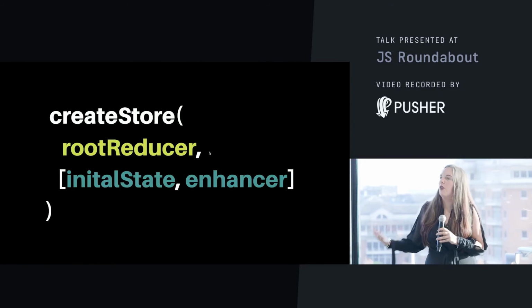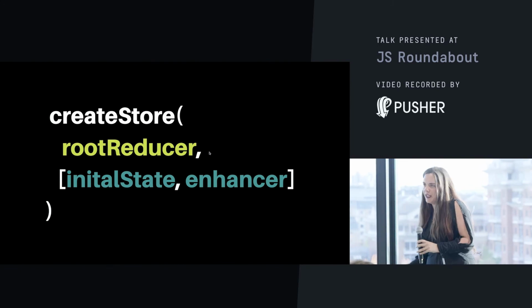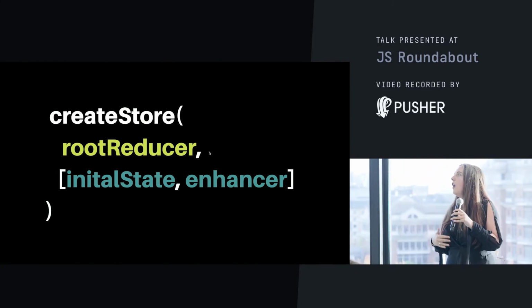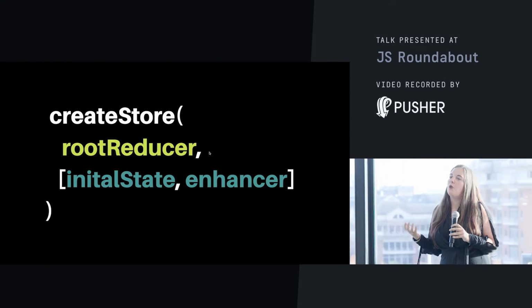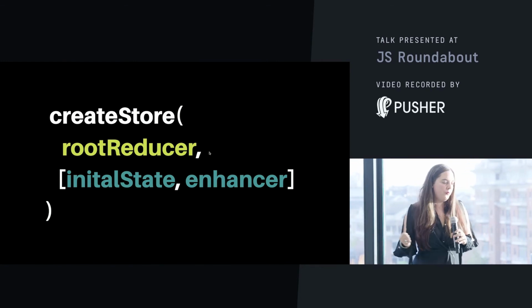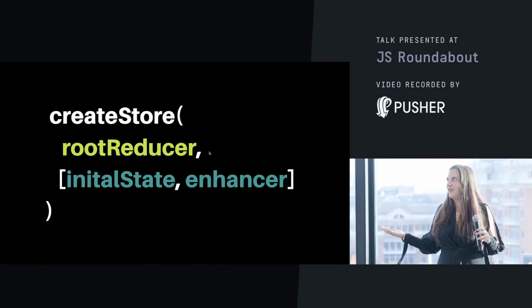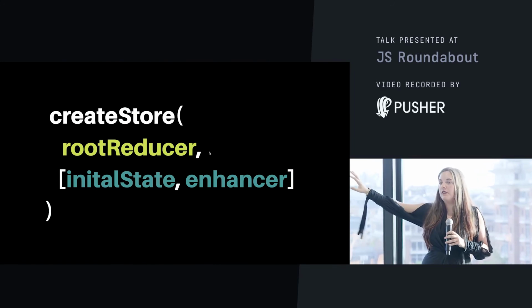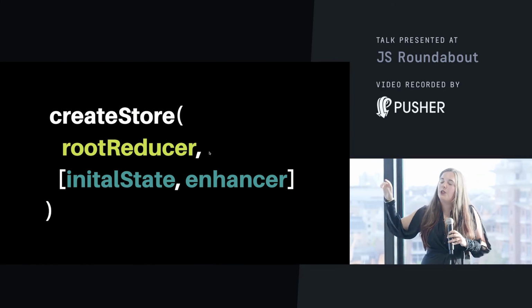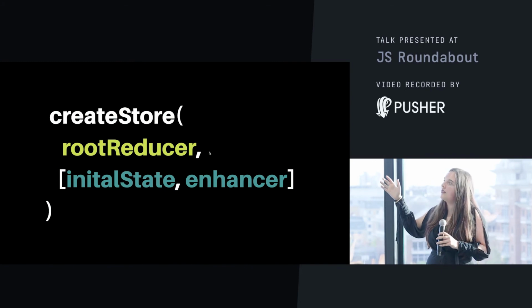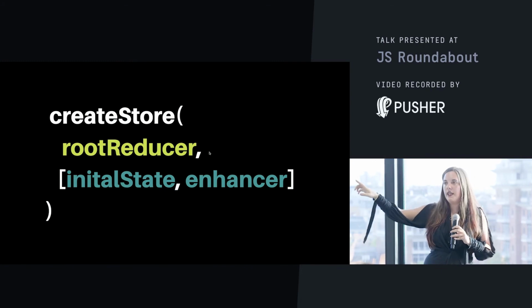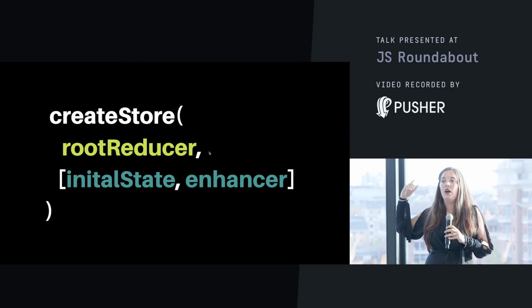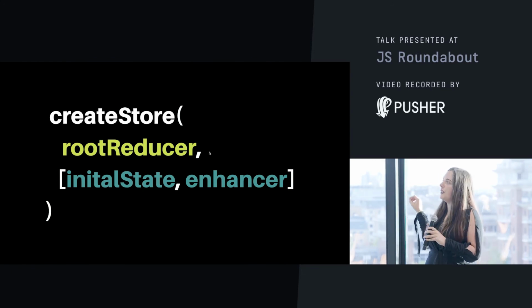Now we've done our action creators, we've got our actions, we've got our reducers. Now we want to create the store. Redux gives us a wonderful createStore method where you pass in this root reducer. Then you have the option to pass in other parameters. The first one is initial state, which I'm not going to do because I defined it as a default in each of the reducers.